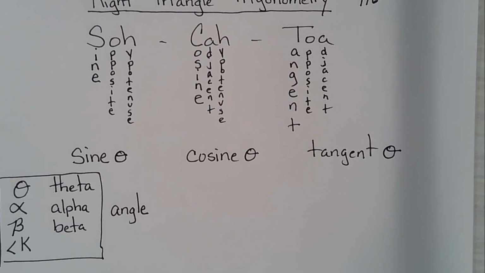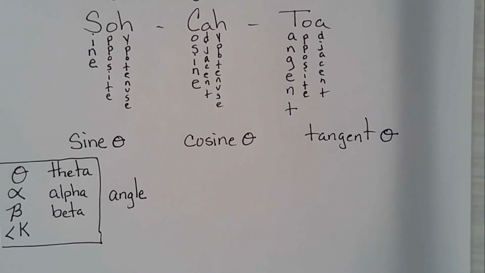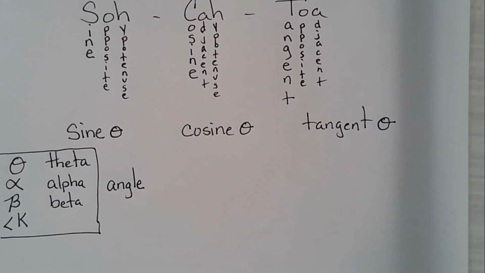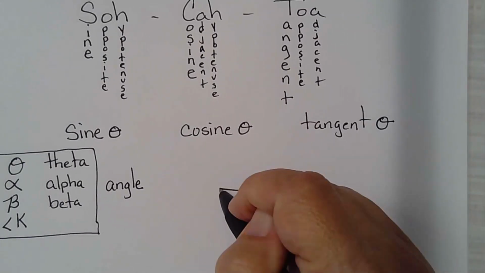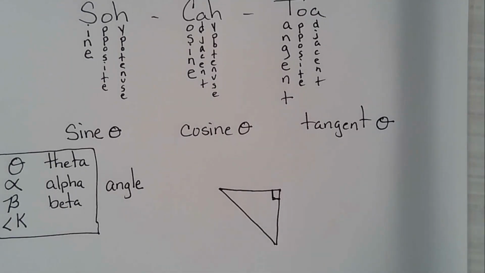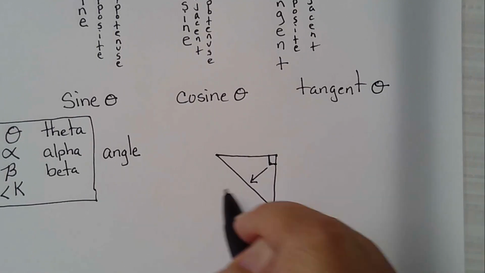So each trig function is defined as a ratio of 2 of the sides in a right triangle. So when we have a right triangle, like let's draw one, and we have the right angle marked, the side across from the right angle is the hypotenuse.